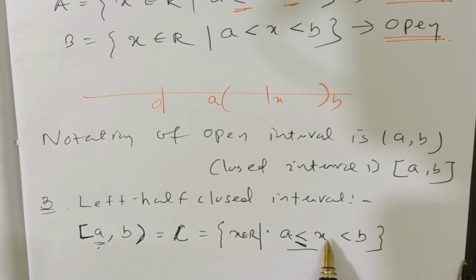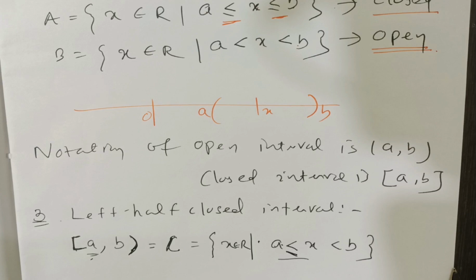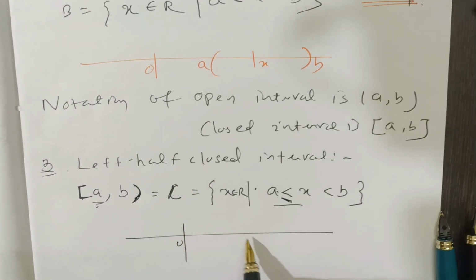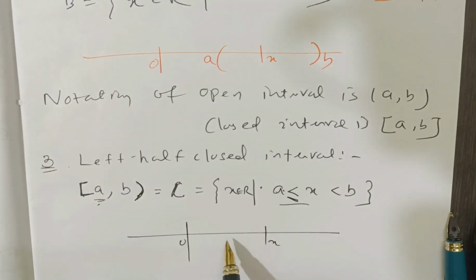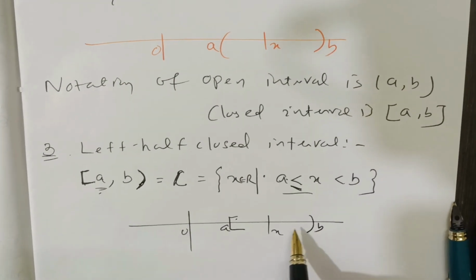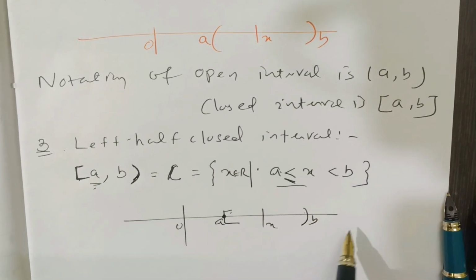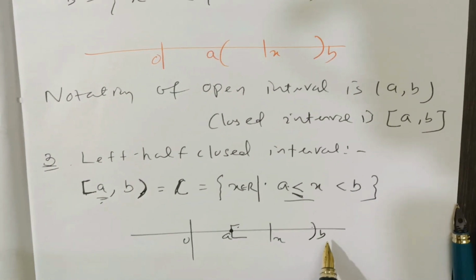But here x is not equal to B, therefore B is not included in the set. If this is the line, this is x and this is A and this is B, this is included, this is not included. B's point is not included within the set.